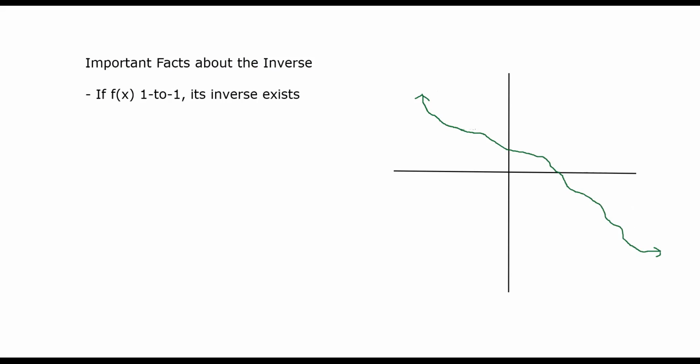Now it passes the vertical line test. You can clearly see that. Doesn't take too much time to verify that. Oh, yeah, it's never touching the function more than once. It also is going to pass the horizontal line test. If I run this horizontal line down, it never touches the function multiple times.